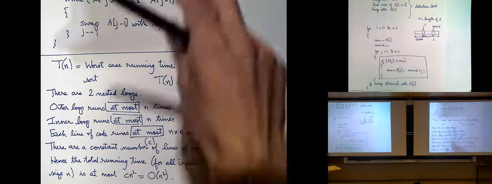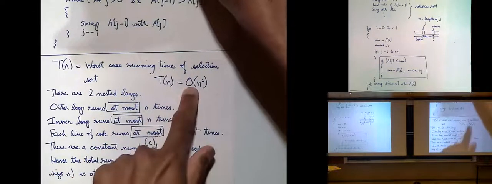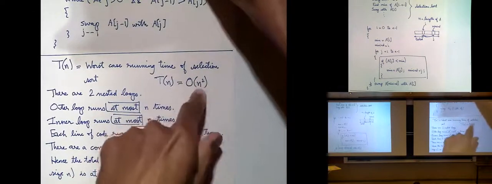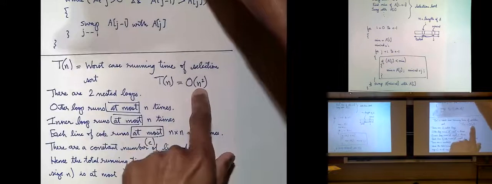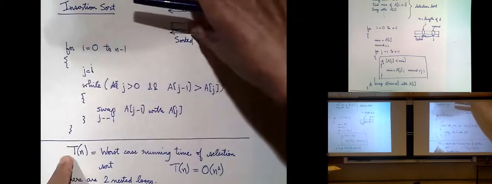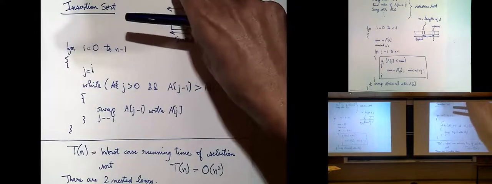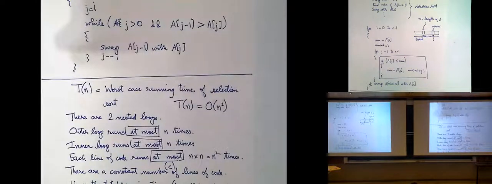Okay. For these algorithms, the O bound is actually quite easy to come up with. The omega is going to be a lot harder. T of n is still the worst case running time of selection sort, and O of n squared is like saying it's at most n squared. Yes?